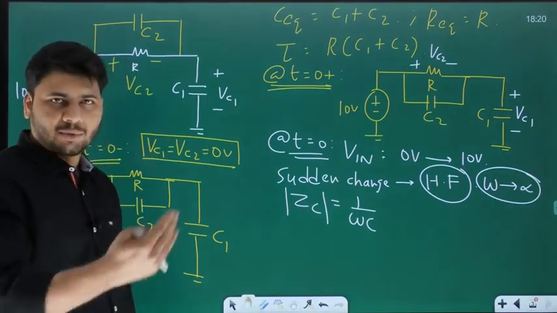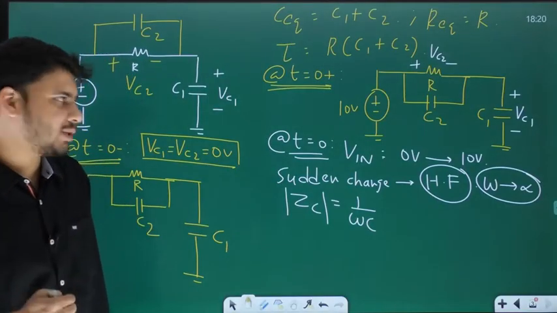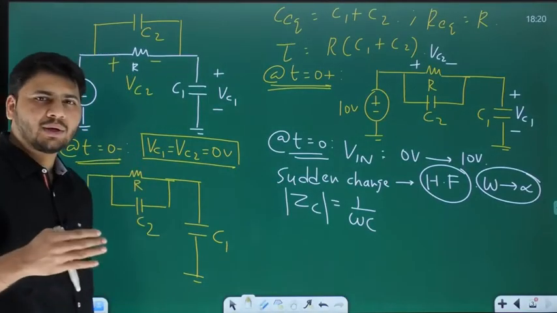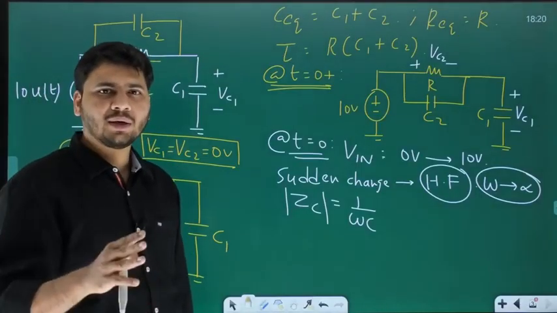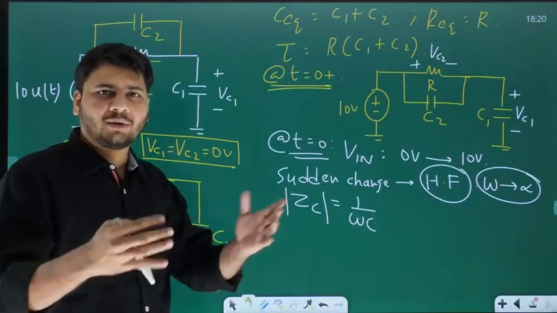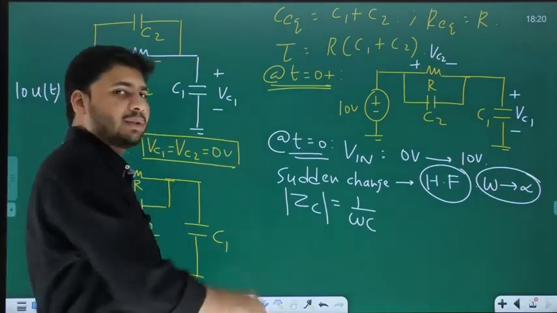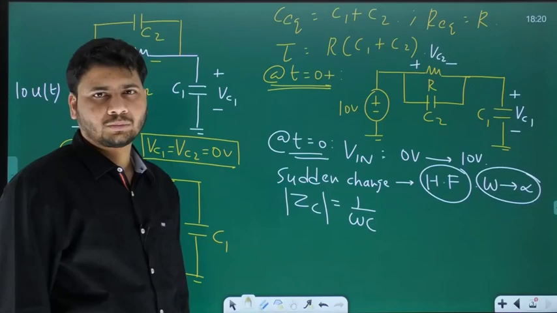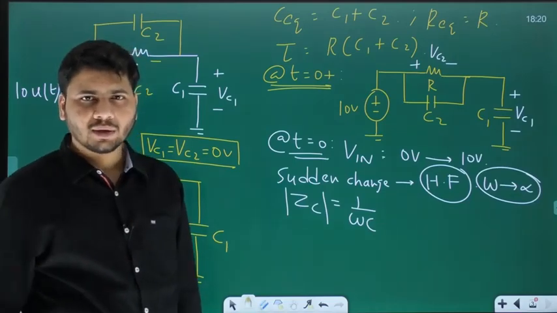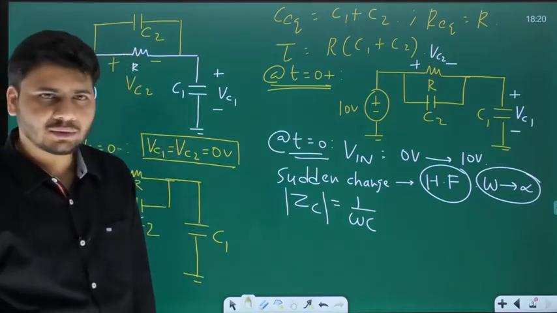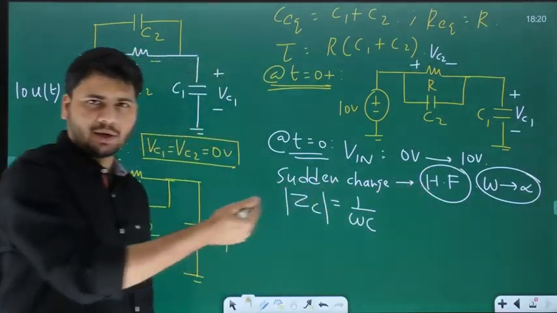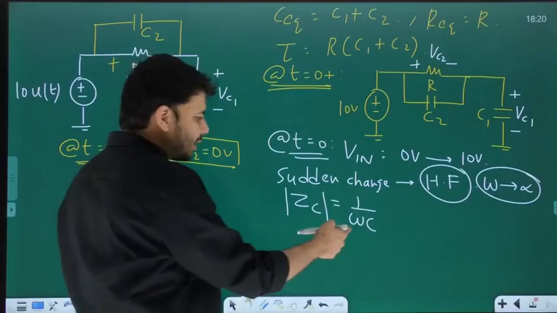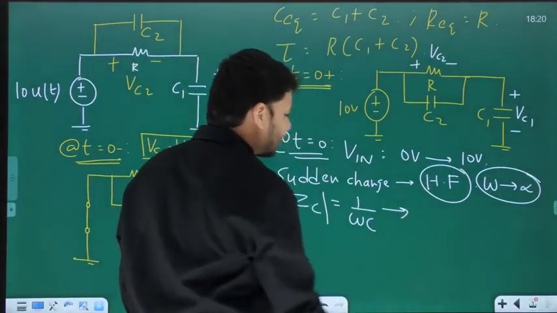Now, at the time of switching, because the value of input suddenly changes from one value to another value, at that instant, it is as if a very high frequency signal is driving this RC circuit. When omega tends to infinity, because it is like high frequency, what will mod Zc tend to?